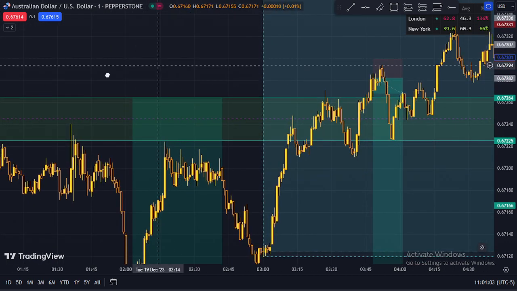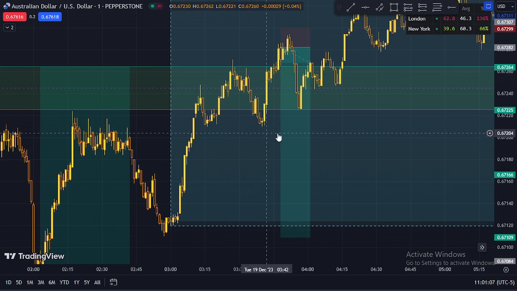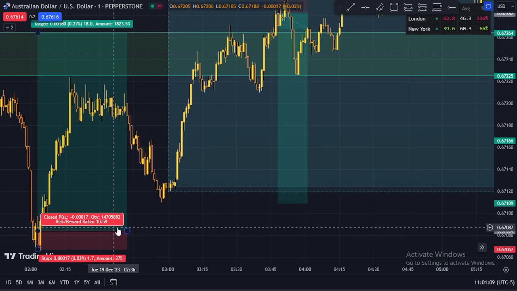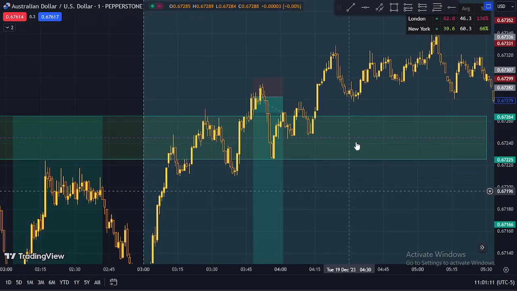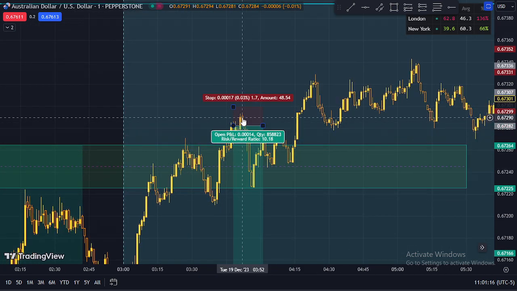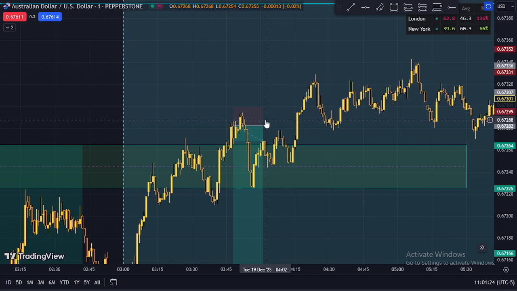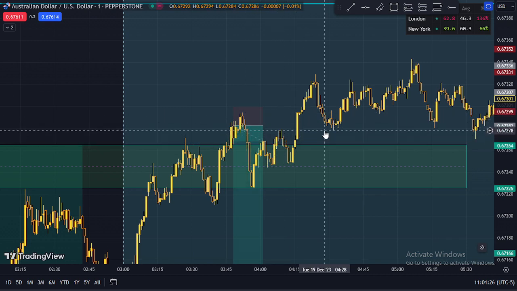So I was anticipating for a run lower, taking out these lows and eventually these lows and so on and so forth. So we had that run high. I went short right there. Price went down inside the inefficiency and then reversed. So this was a losing trade.